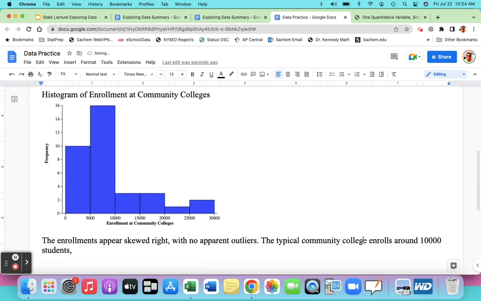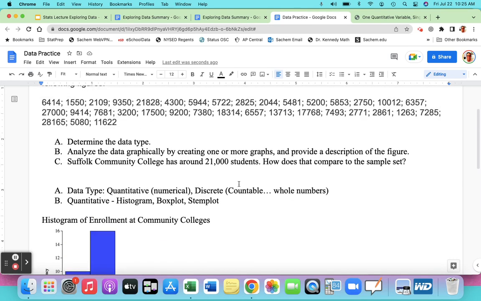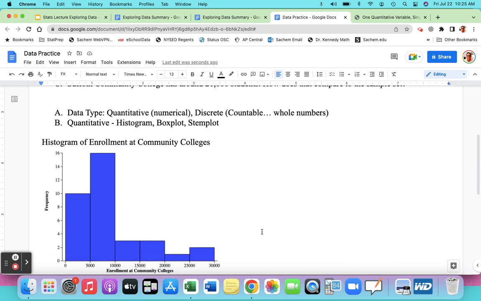Okay, the typical community college, I'm going to say in the sample, because this is not a complete sample. It's only 35 community colleges. And I'll say with a range of at most. So the minimum is 0, the maximum is 30,000. Just looking at the visual, we can actually look at the original data to find the minimum. There was no community college with 0 students.